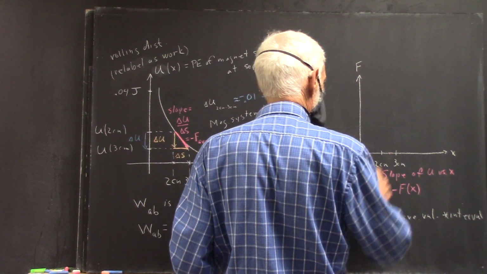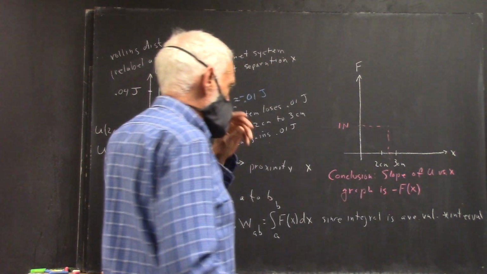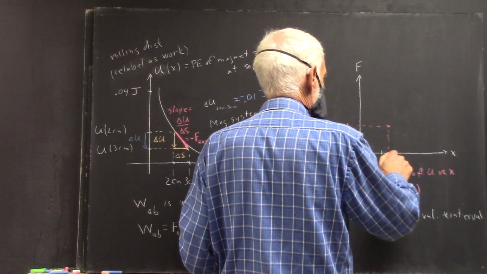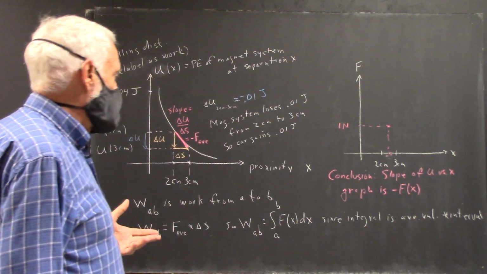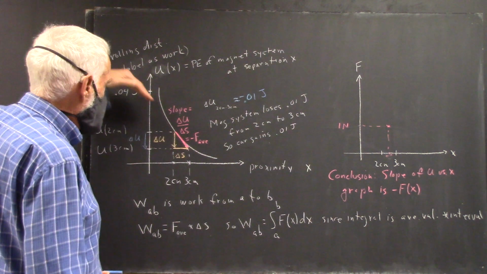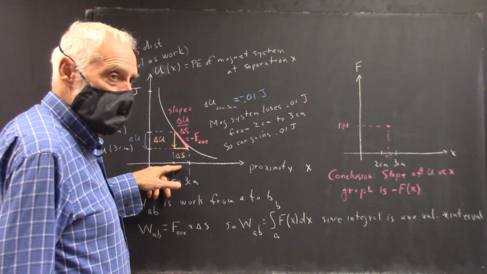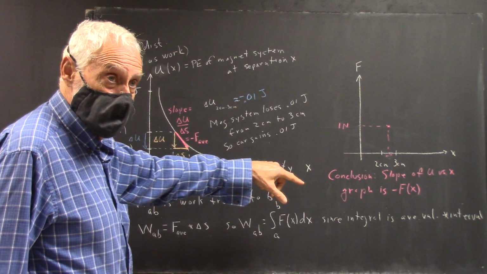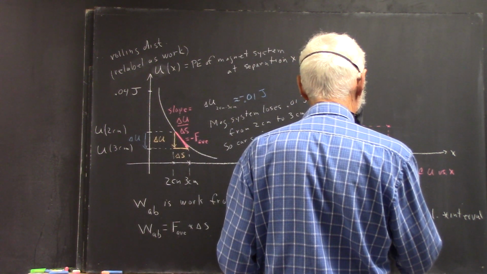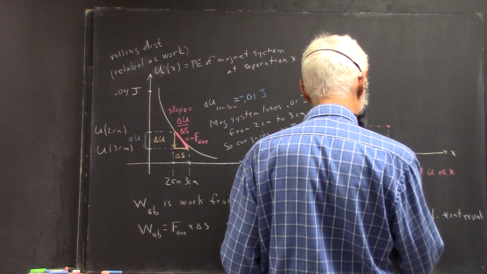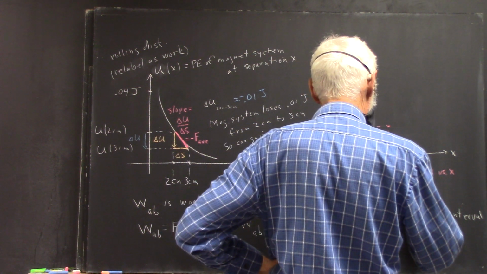I have a force of 1 Newton. So somewhere around this point. If I want the force actually at the midpoint, I'll make a tangent line, because the limit of delta U over delta S is F of x.